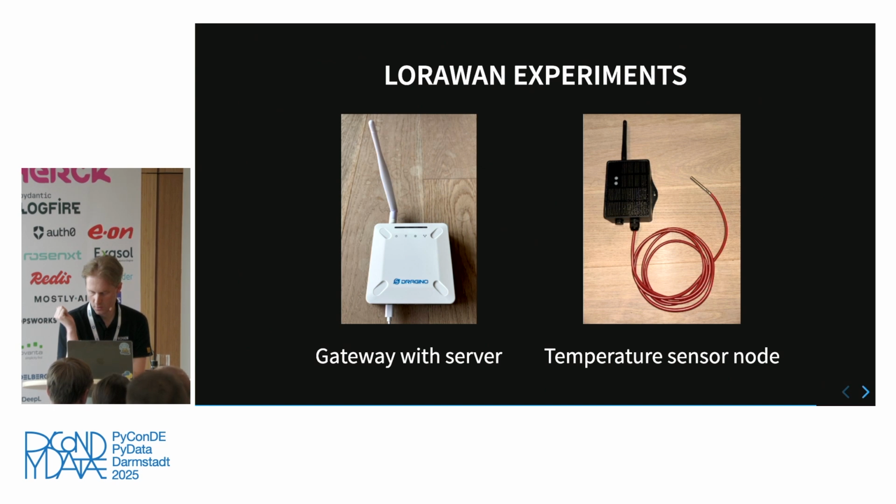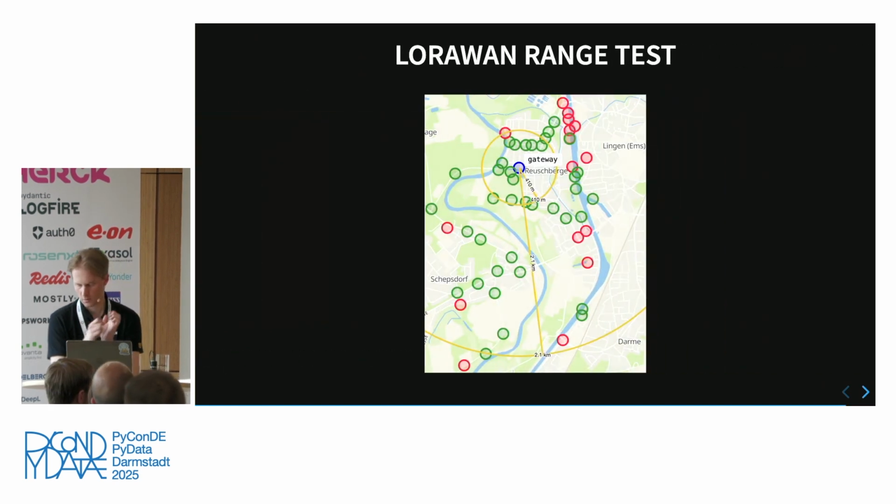I started with a short walk around my home, where I have a gateway on my balcony. It's about 5 meters above ground. And then it was followed by a bicycle ride, as I was a bit surprised by the range. When I started with my first LoRaWAN experiments, I got hardly a signal from outside my apartment.